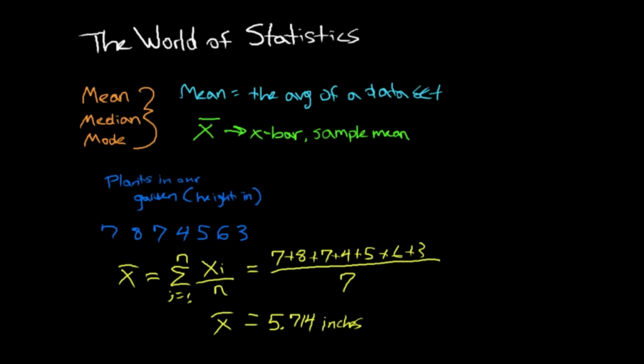So within our garden, the average height of our tomato plants is 5.714 inches. That would be considered the mean. Again, X bar equals the sum of each observation from 1 to n, added together, divided by the total number of observations. So that's how you calculate the mean.